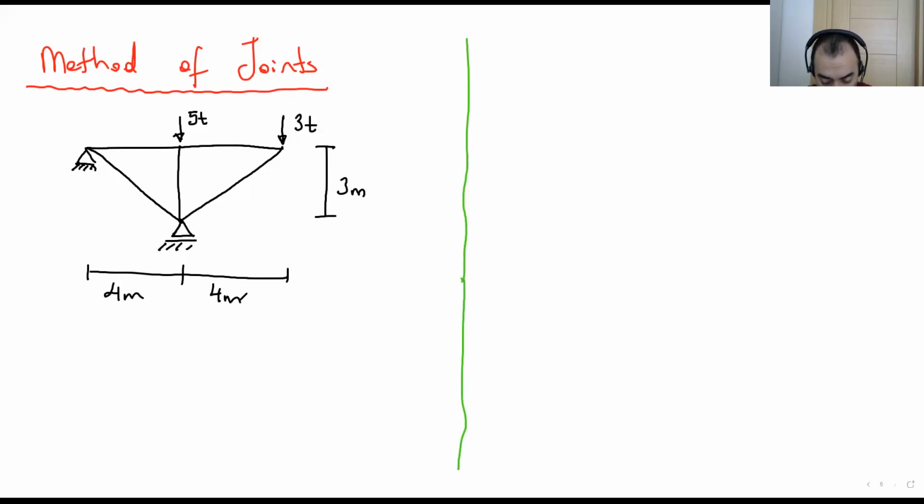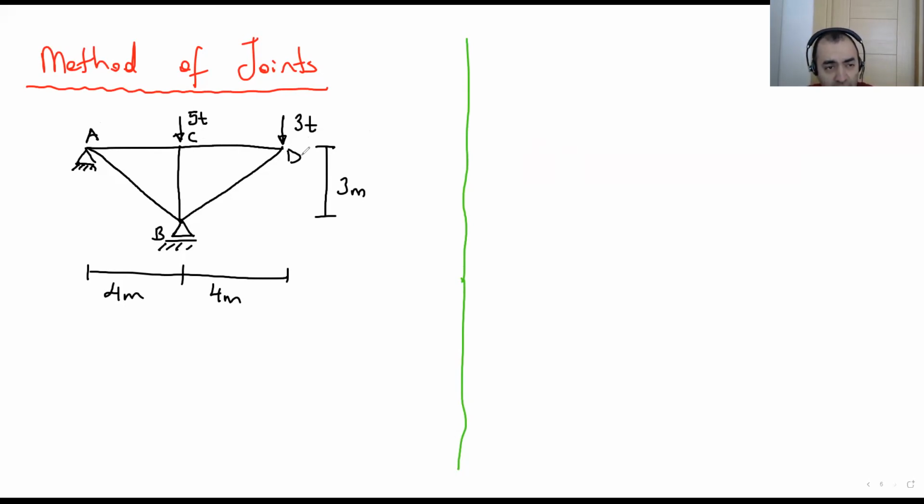The question is, what are the internal forces on each member? Let's give names to these. This is A, B, C. This is D.